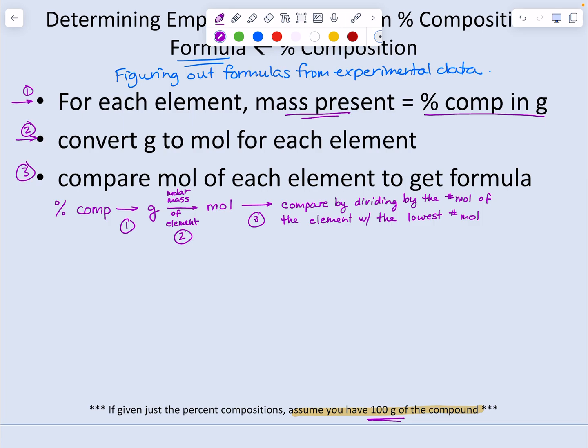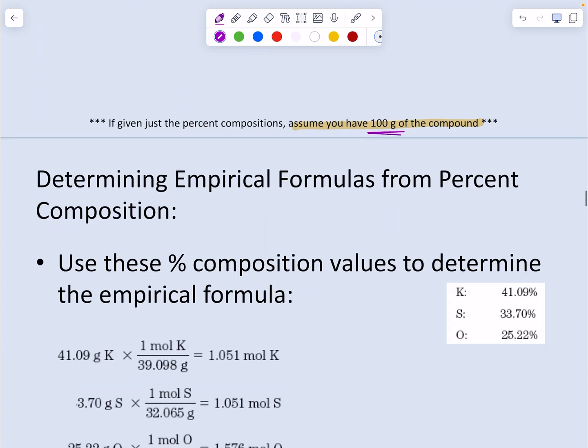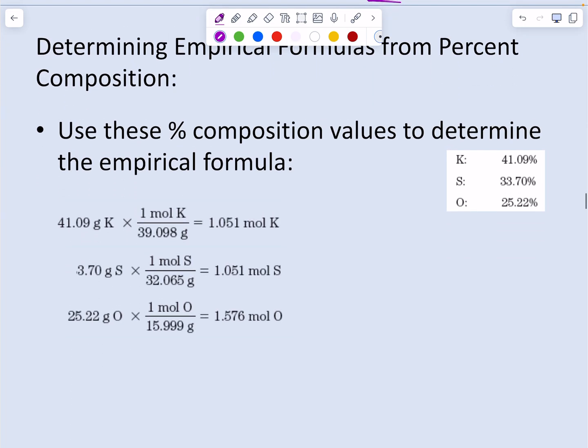Okay, so we're going to run through an example of this. In this example, we're given percent composition. So this is what we're starting with.